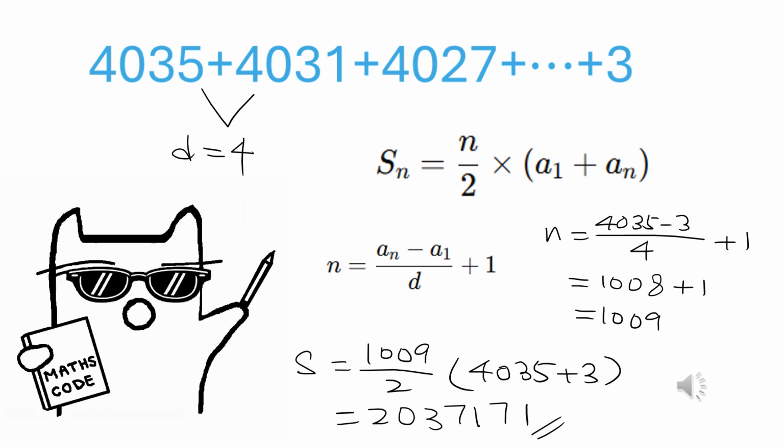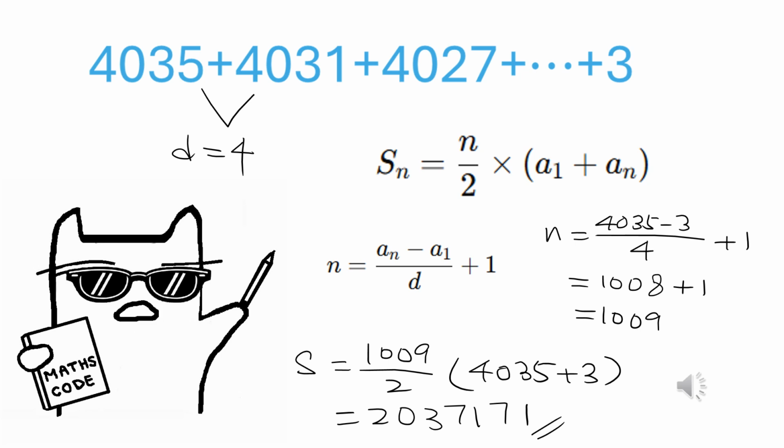So now we can plug in the values we know. an equals 3, which is the last term. a1 equals 4035, which is the first term. d equals -4, which is the common difference. Substitute these into the formula. n equals (3 minus 4035) over -4 plus 1.